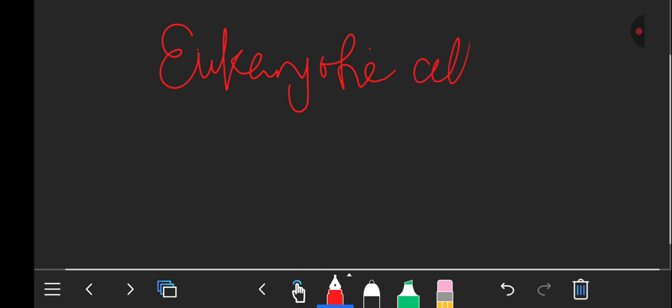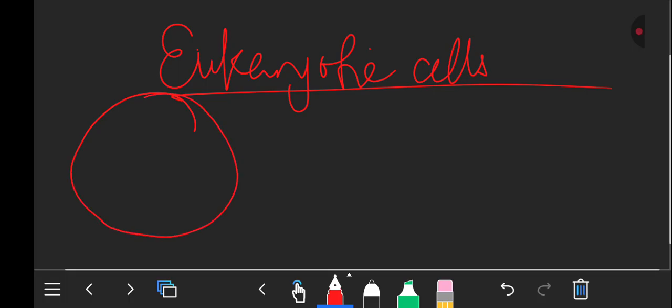Now let's look at the eukaryotic cells. When you're talking about the eukaryotic cells, they're just the cells we looked at even at secondary school.